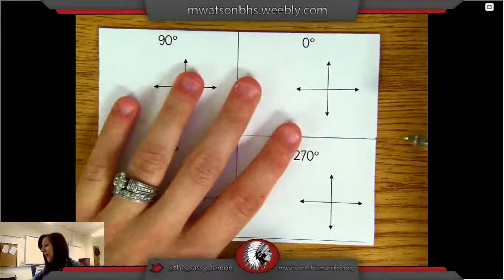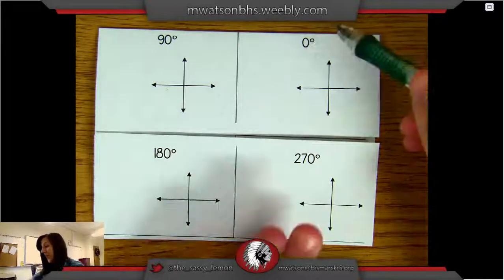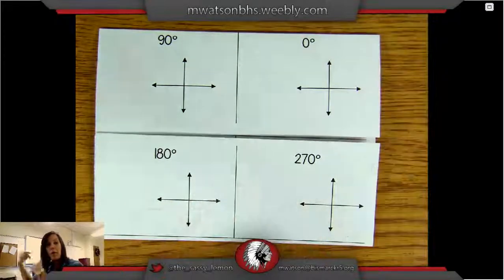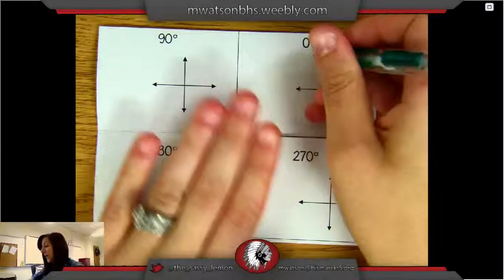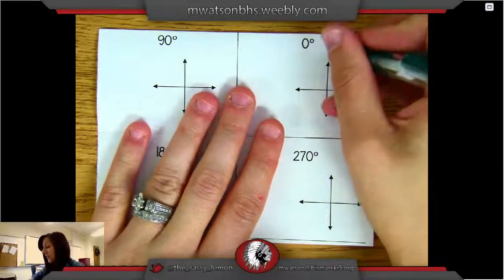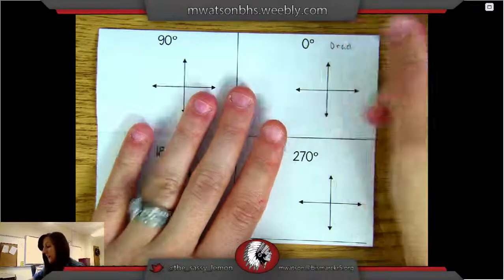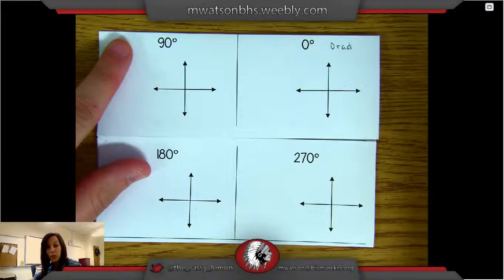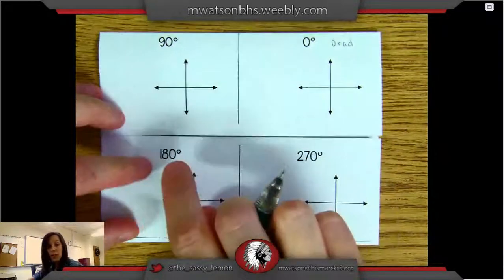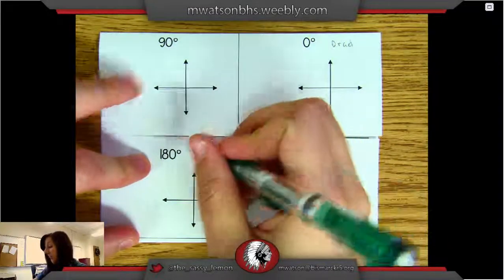Now keep in mind that I wrote degrees on here, but we want to start training our brains to think in radians. So this is also 0 radians, 90 degrees, well, let's come back to that one. Most of you know 180 degrees is pi radians.